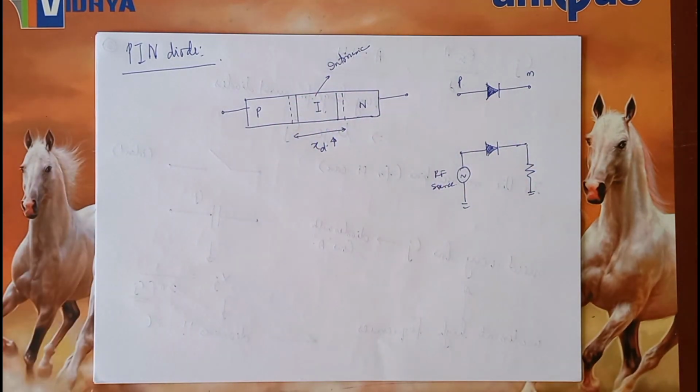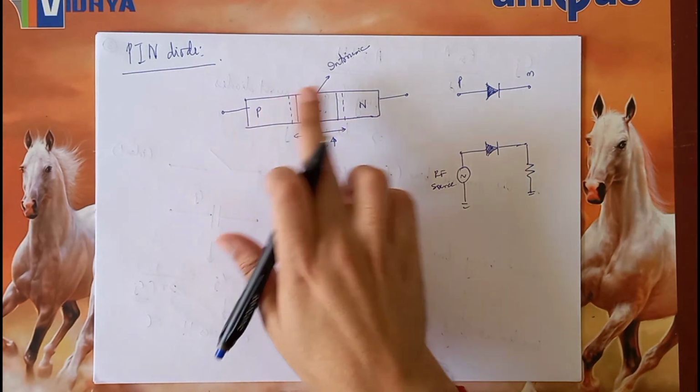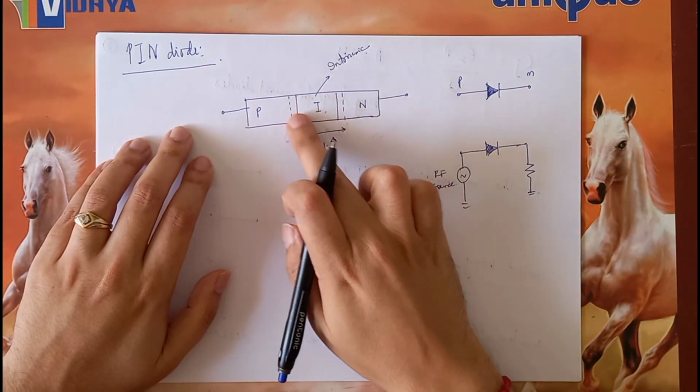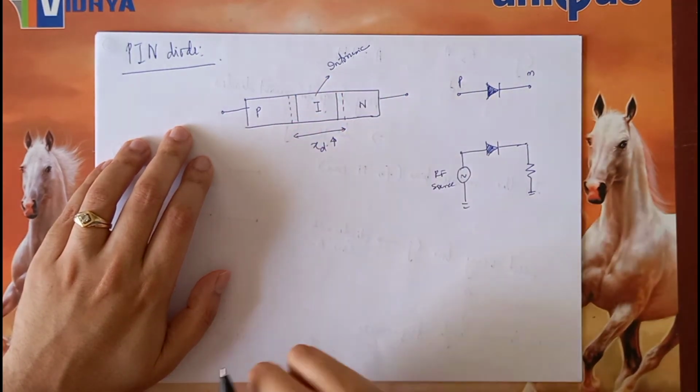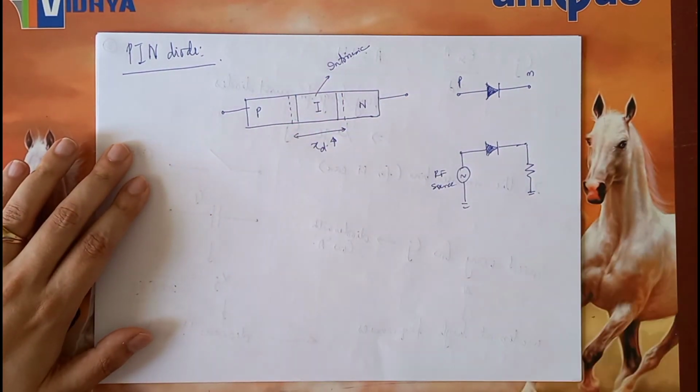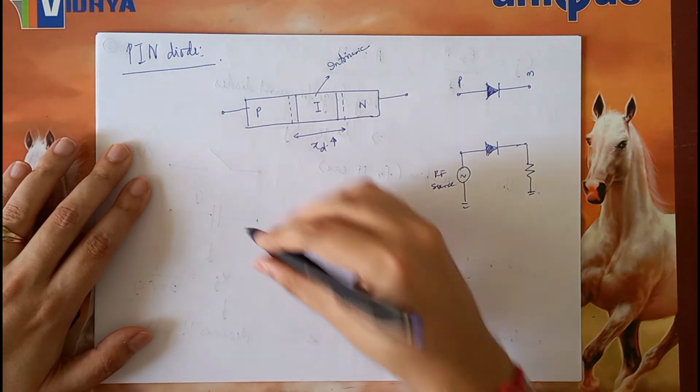So what you will see essentially is that there will be entry and exit, but at any given point of time, there will be a lot of free charges trapped inside the depletion layer. Or we don't use the word trapped, we call it a stored charge.